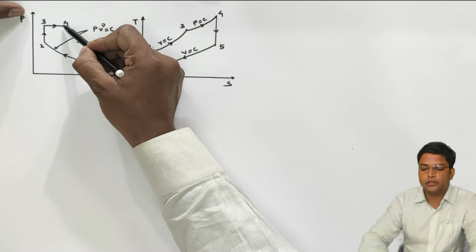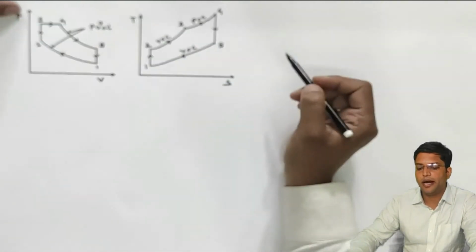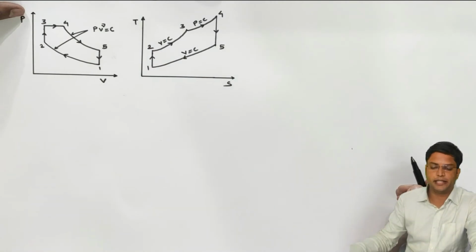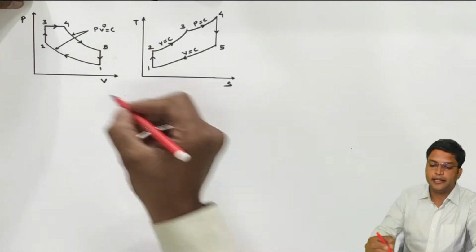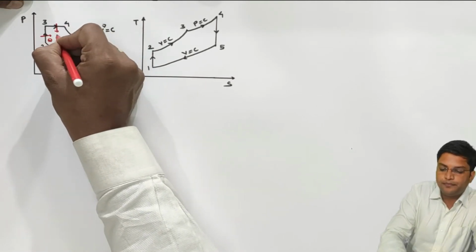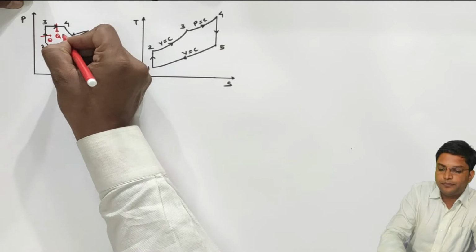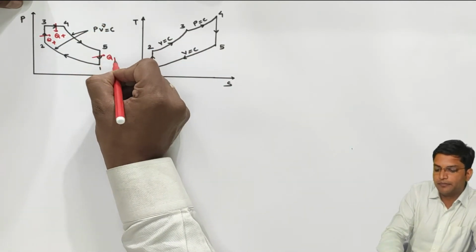From process 4 to 5 there is an expansion, and 5 to 1 is a heat rejection. So I will note here heat addition, and here heat rejection.